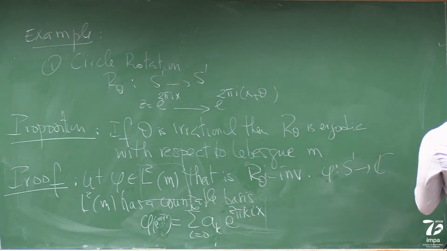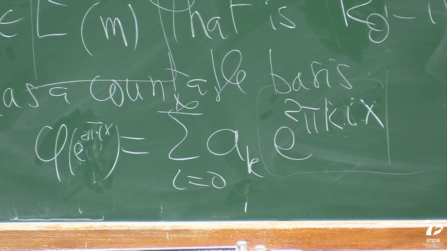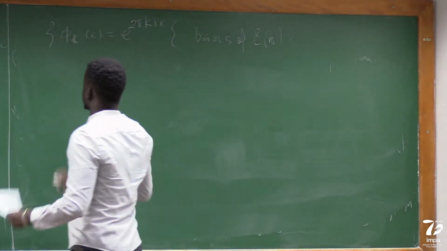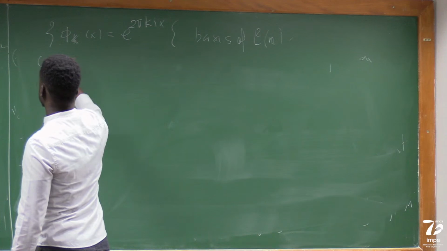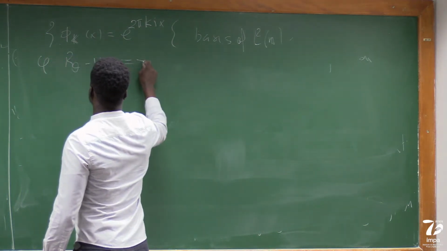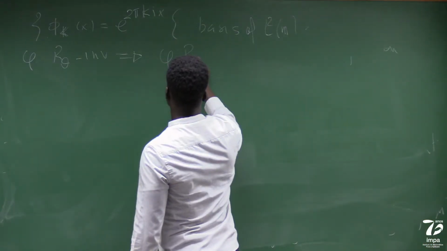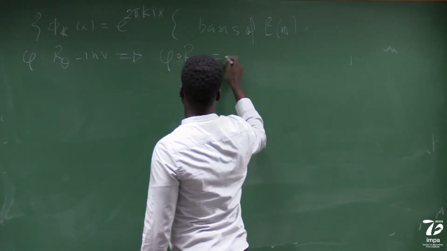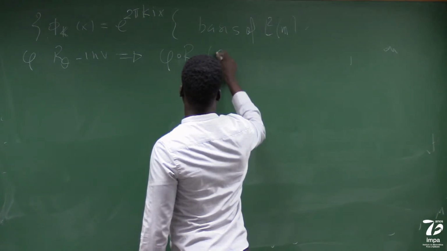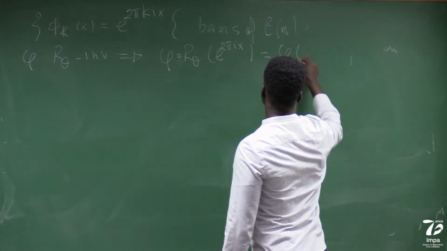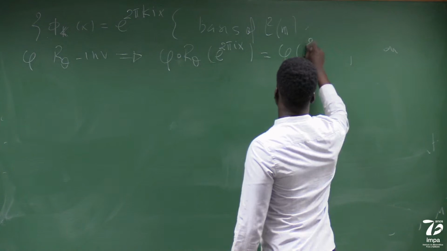Let's write it: phi_k of x, e^(2 pi i k x), is a basis of L2. So phi is R_theta invariant. This implies that phi of R_theta of x equals phi of x.